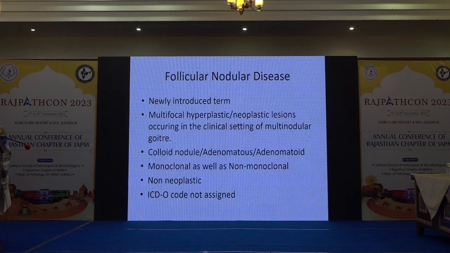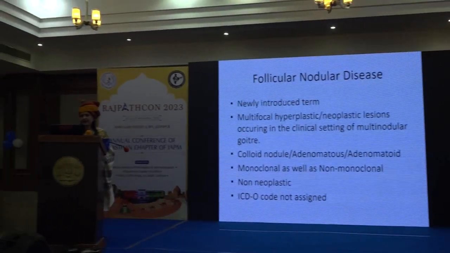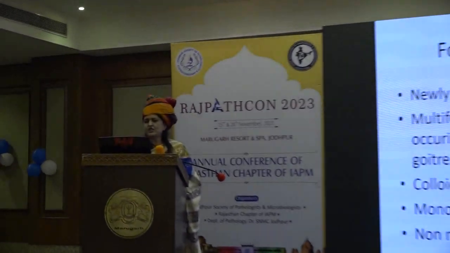If there is a compressed surrounding stroma that appears like a capsule, then whether we are dealing with an adenoma or an adenomatous nodular goiter, many times we could not decide. They can be monoclonal as well as non-monoclonal. They are non-neoplastic, and the ICD code is not assigned to these.